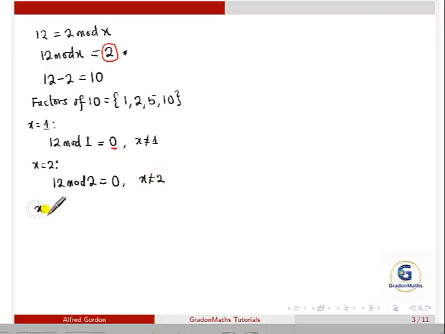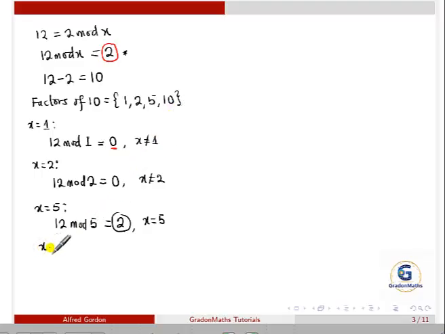We try the next, when x is equal to 5 in the factors. We have 12 mod 5, and here 12 mod 5 gives us the answer 2. This is the answer we are looking for, so x is really equal to 5. And then we shouldn't stop here because we have another number to also try.